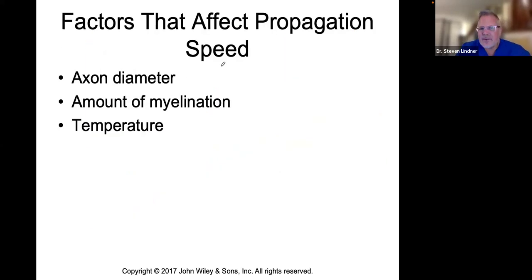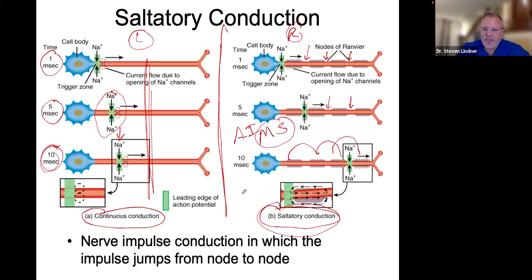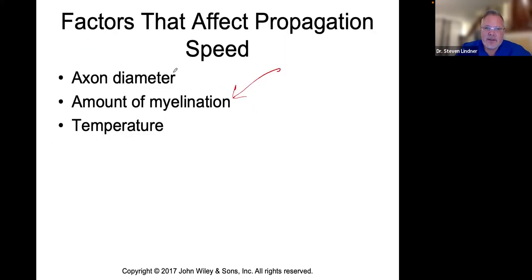What are some factors that affect the speed? Well, we know that myelin is one of the things because we've seen it here. If it's myelinated, you have saltatory conduction, it's much, much faster. The size or the diameter of the neuron makes a difference, and temperature makes a difference.